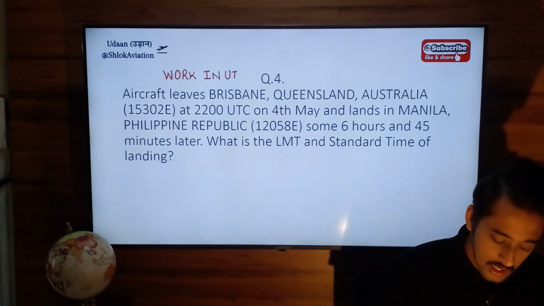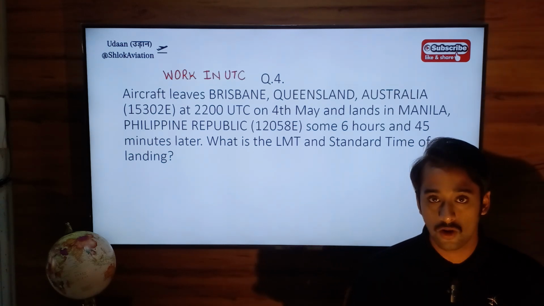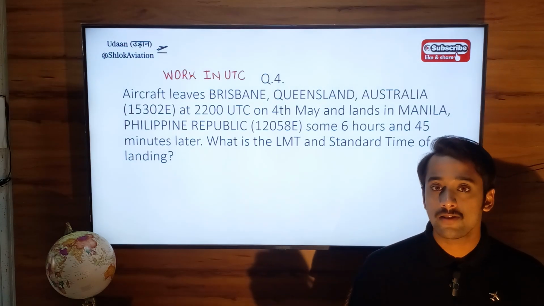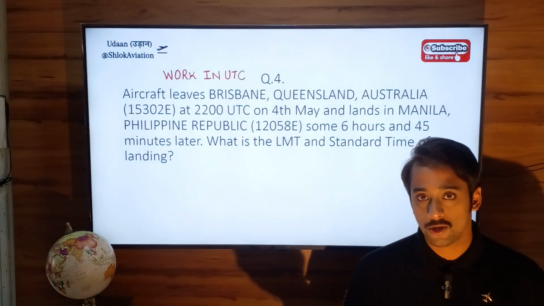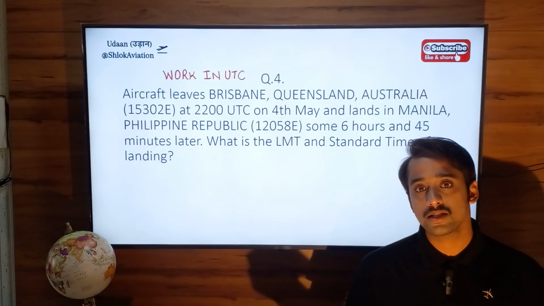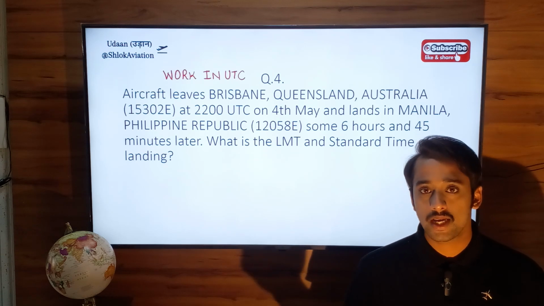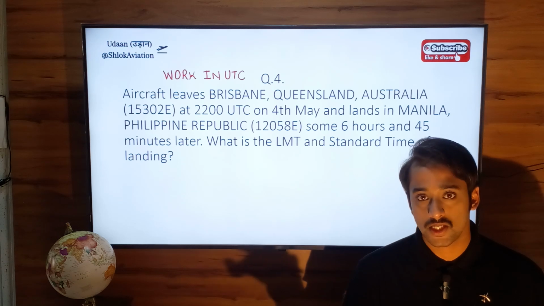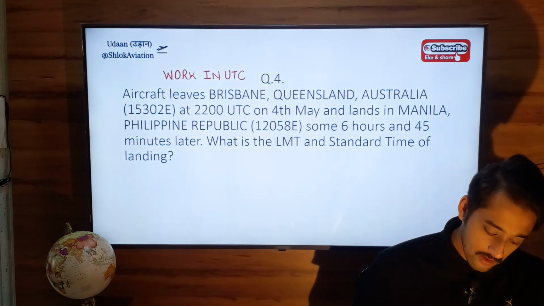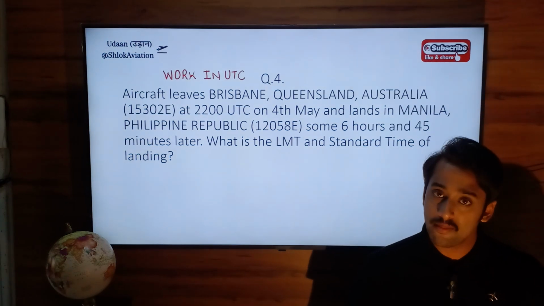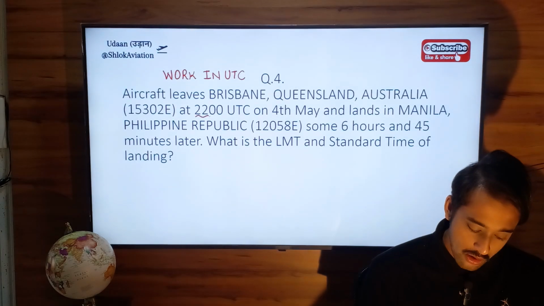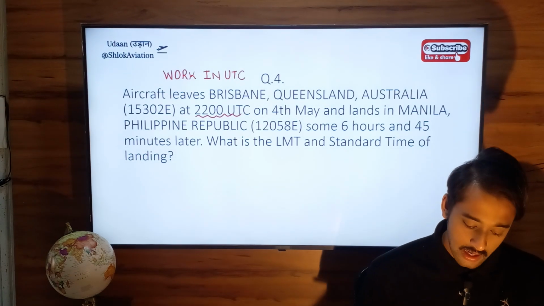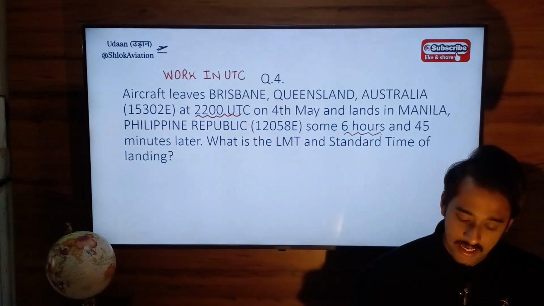Whatever times are given to you, first convert that into UTC, and then as the final step, convert that UTC time into the LMT or standard time as demanded in the question. We have already been given 22 UTC, and now we have been given the flight time.